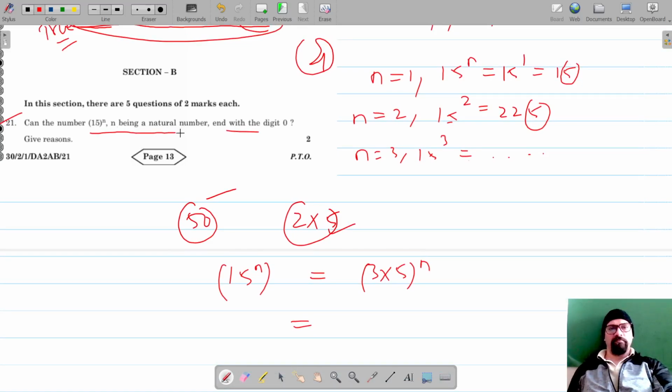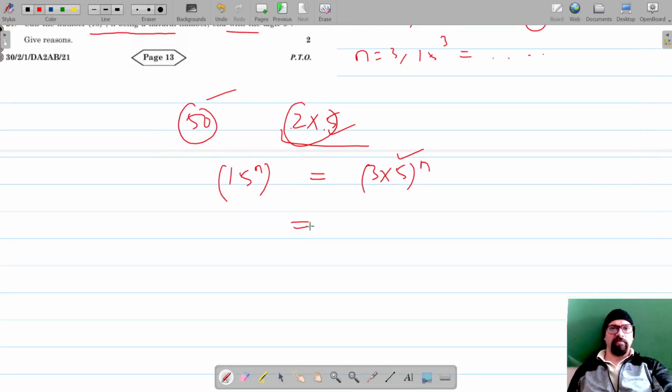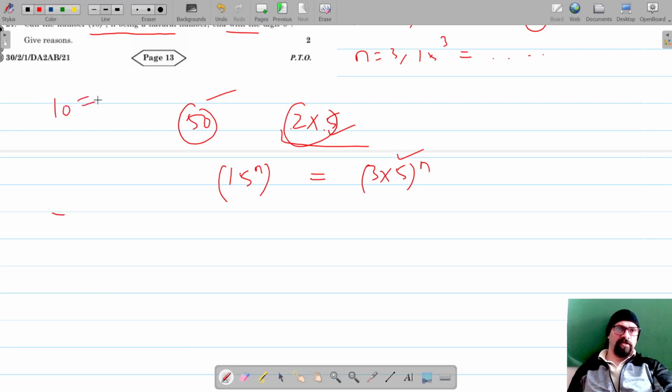Can the number, n being a natural number, end with the digit 0? To end with digit 0, it should have both the prime numbers 2 and 5, but there is only 5. Because for a number to end with digit 0, if there is 10, then it has prime factors 2 and 5.